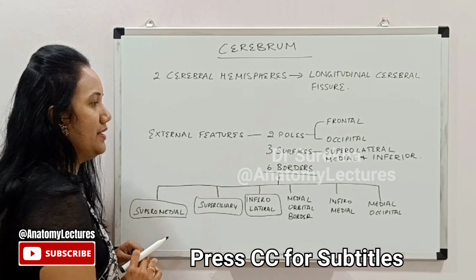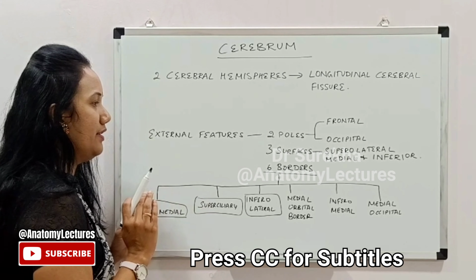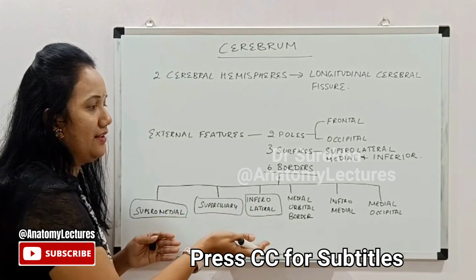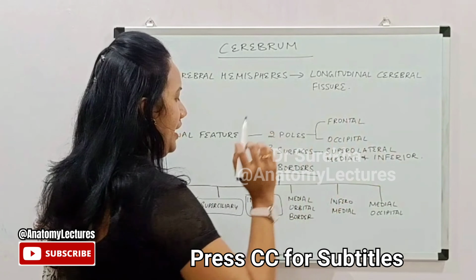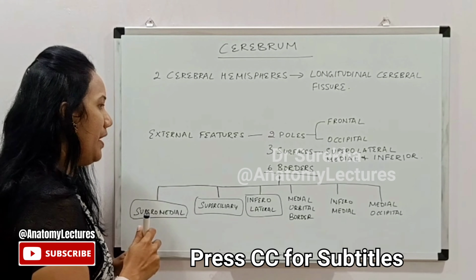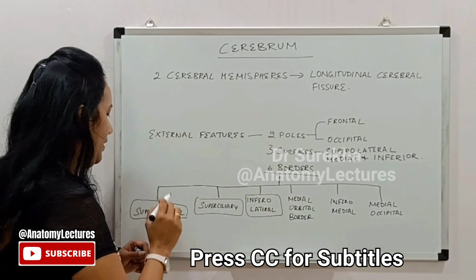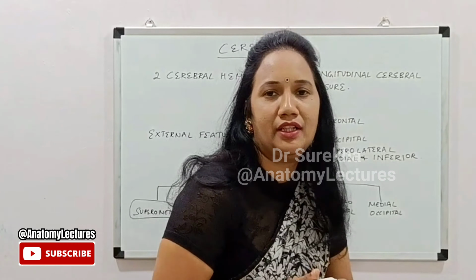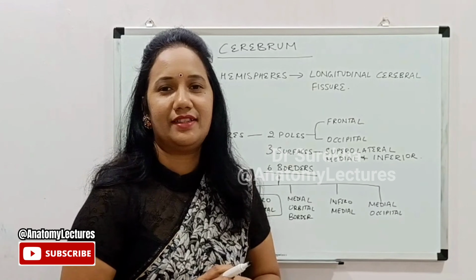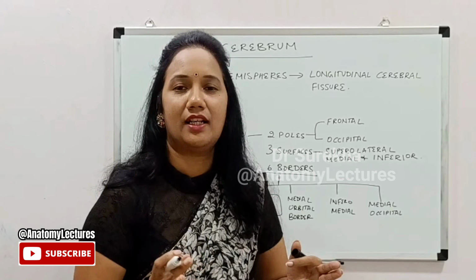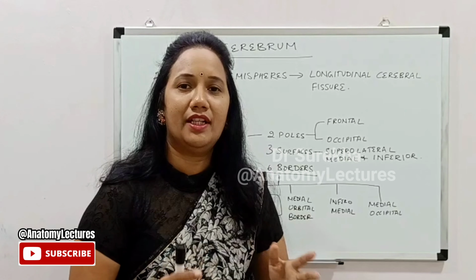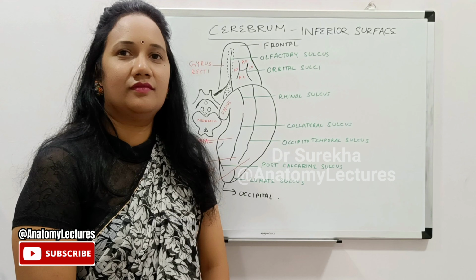The part between the inferolateral and the inframedial border is the inferior surface. The part between the superomedial border and the inframedial border is the medial surface. That is how we divide the cerebral hemispheres into three surfaces.